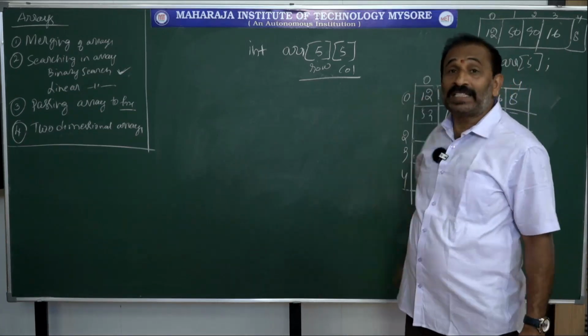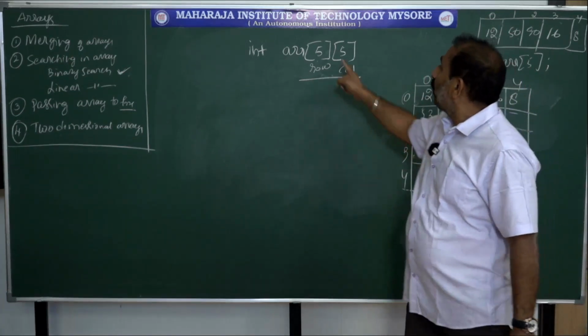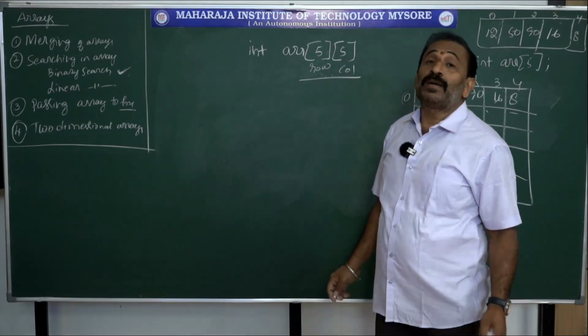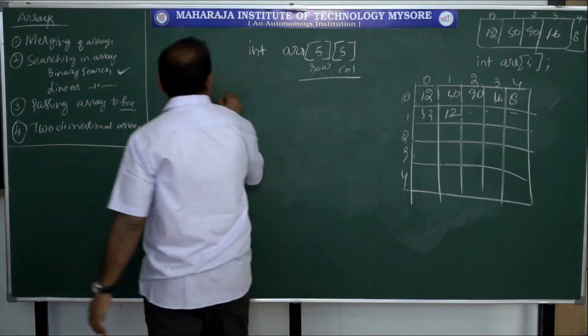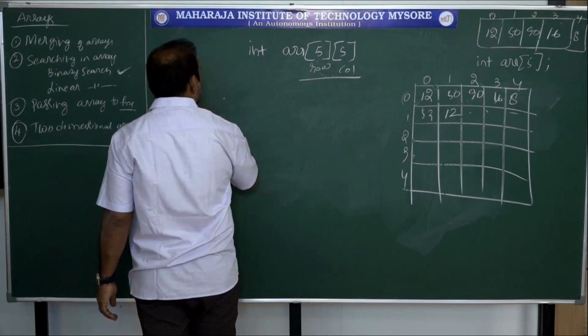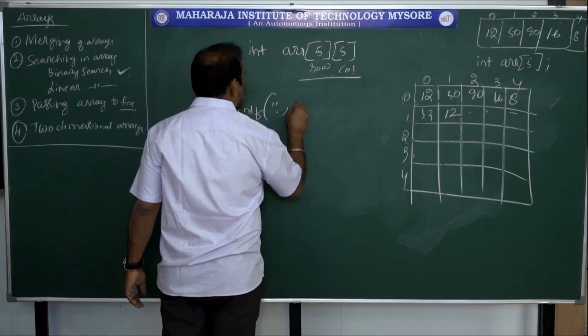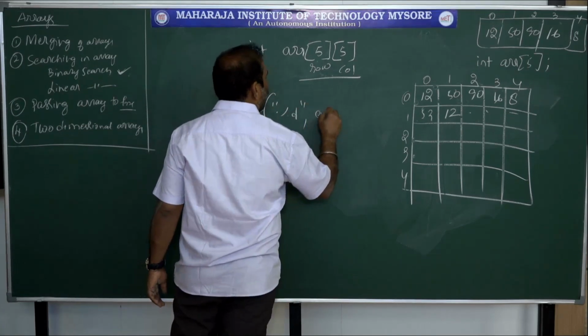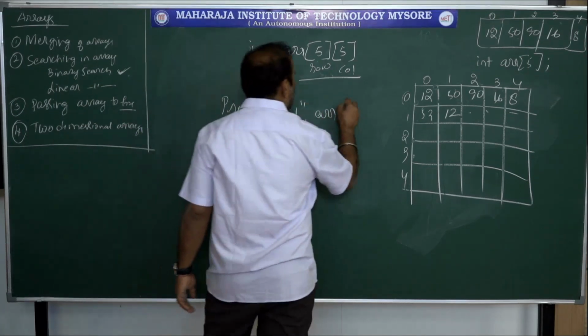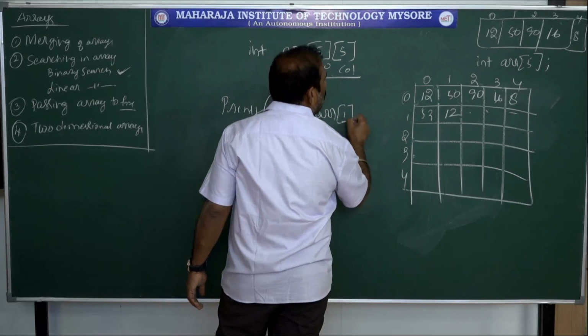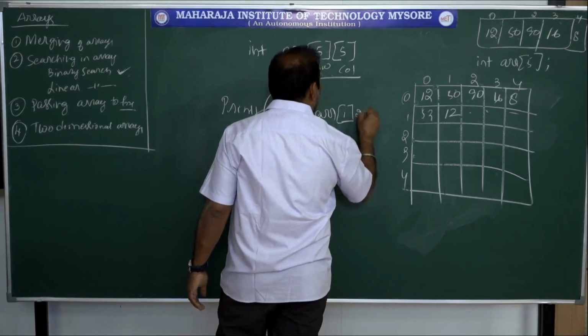Any element can be accessed by using the array position. So therefore I am writing this, so I will be using printf %d arr 1, 2.